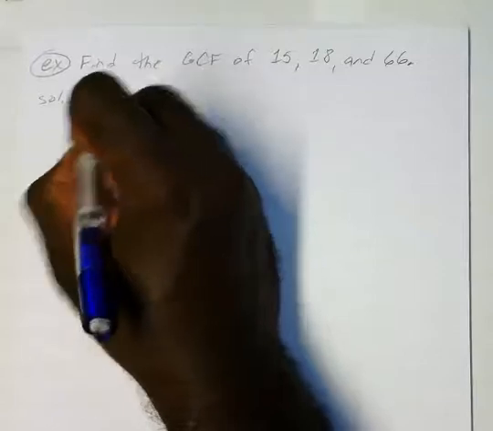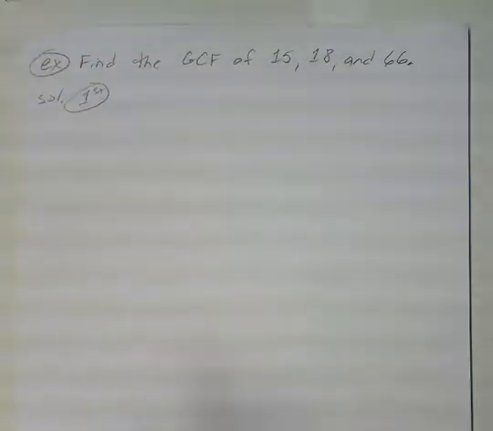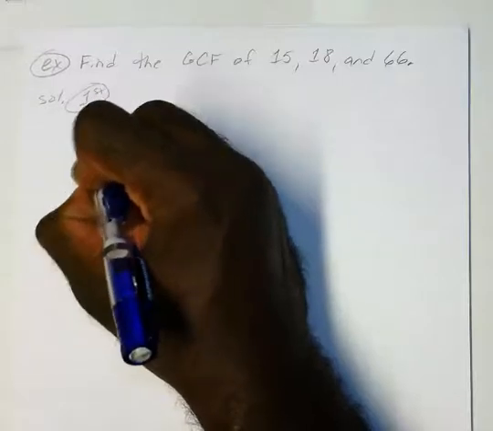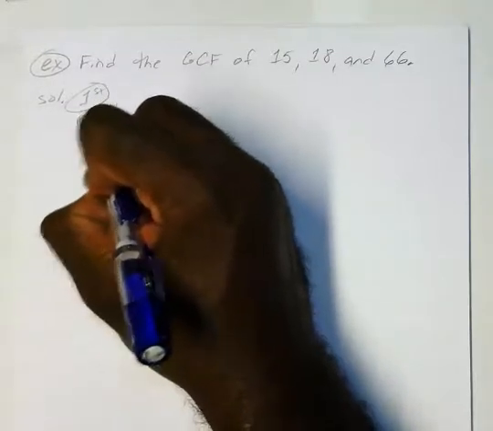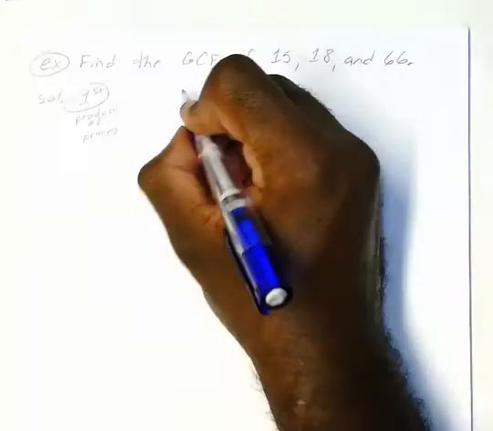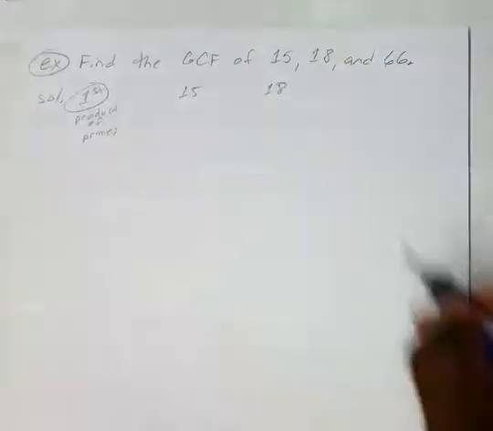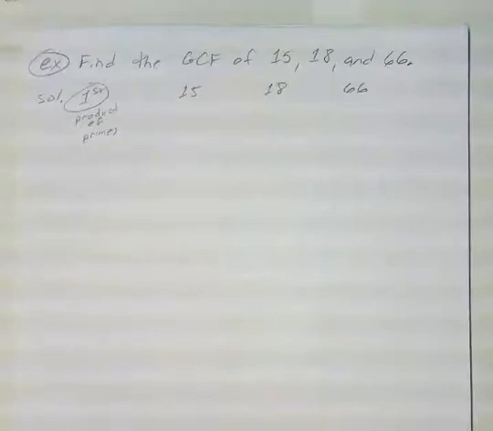Remember your first step, which is product of primes. So we have 15, we have 18, and we have 66.